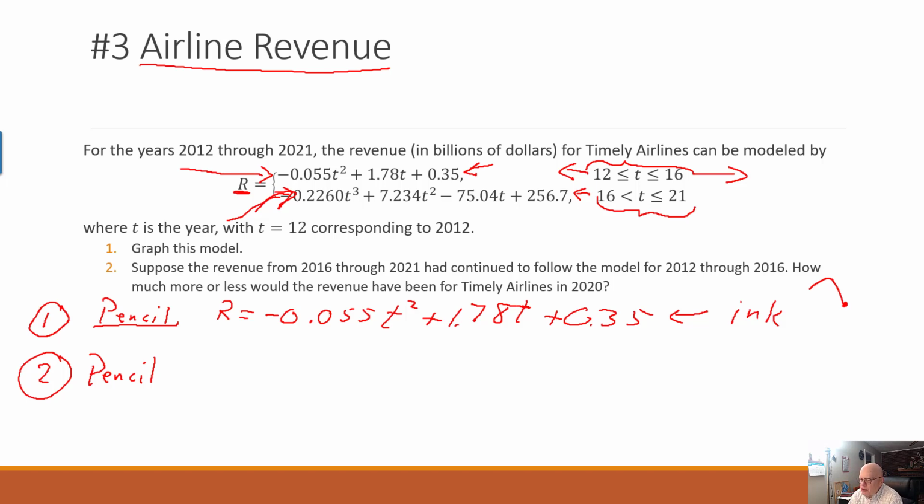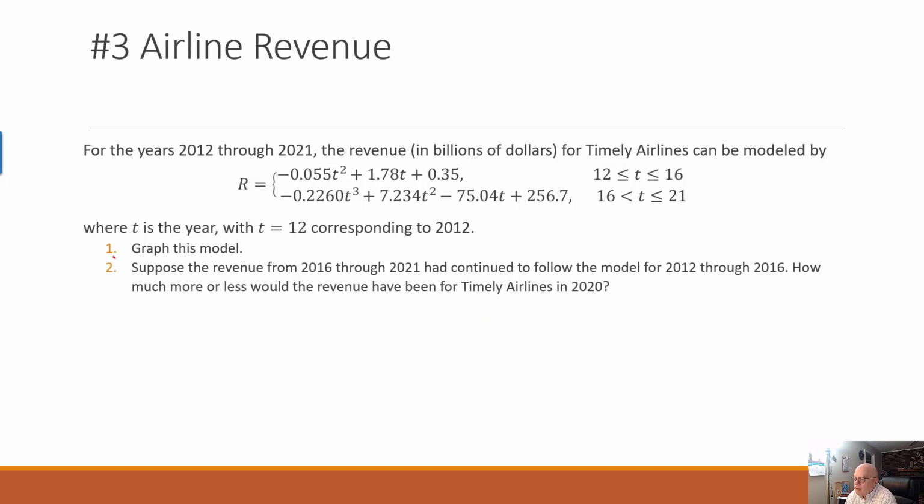Now, part 2. Let's go back and clear this out. Okay, there we go. Now we're going to look at number 2, or part 2. It says, suppose the revenue from 2016 to 21 followed the model for 2012 to 16.